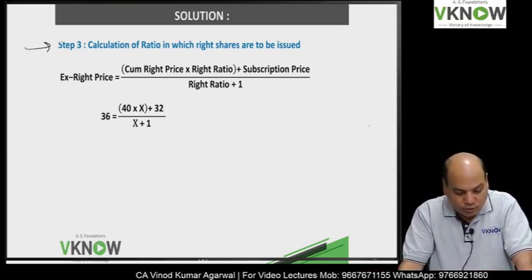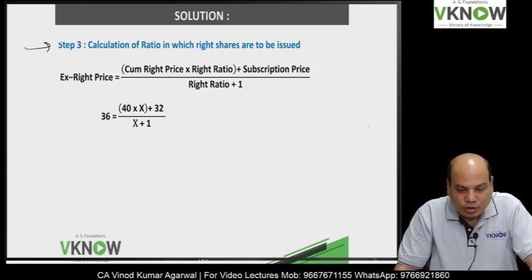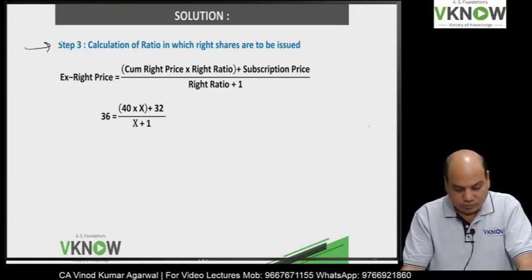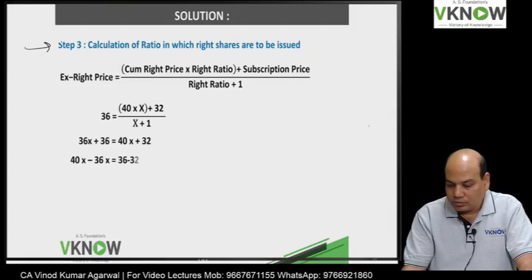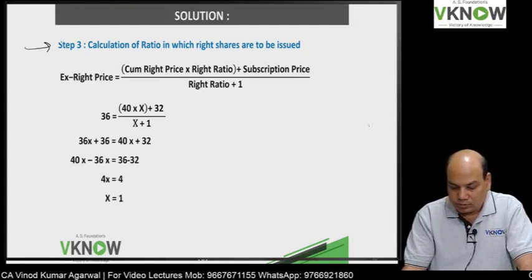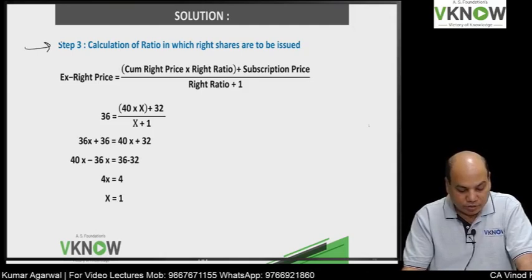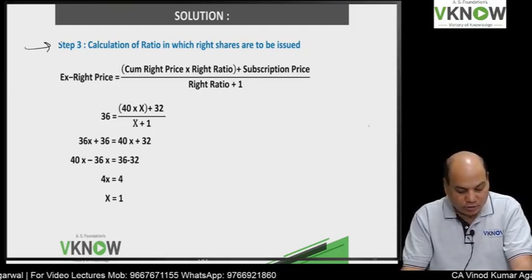Now I hope you can solve. Come on, quickly. Students are not replying. Have you gone into sleep mode? The answer is X is equal to 1. So 1:1 was the correct answer. Geetika, Deena, Karan were right.